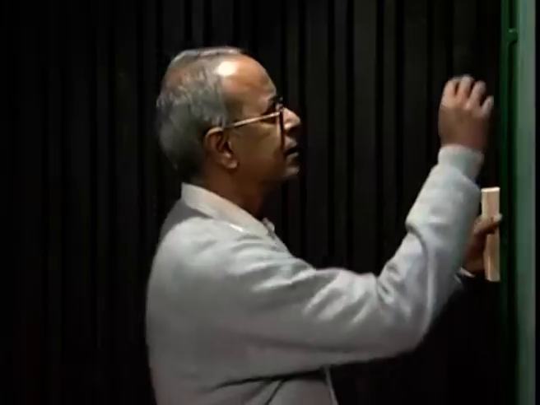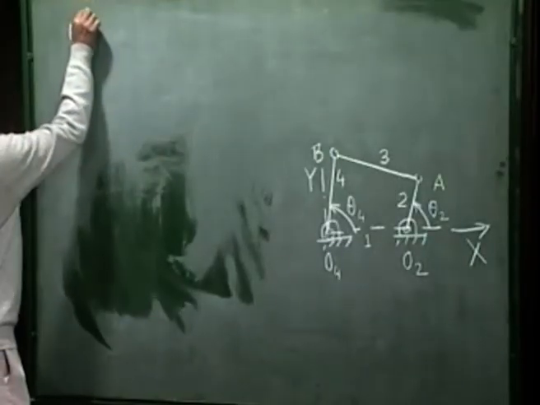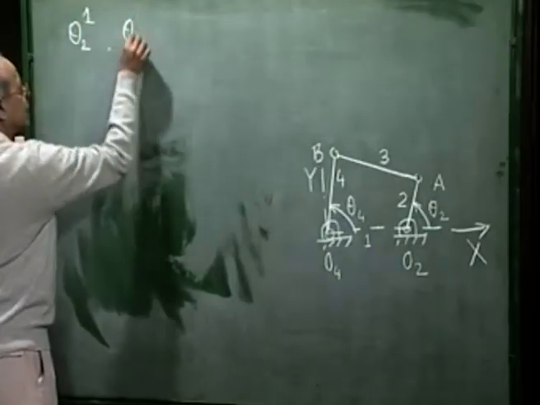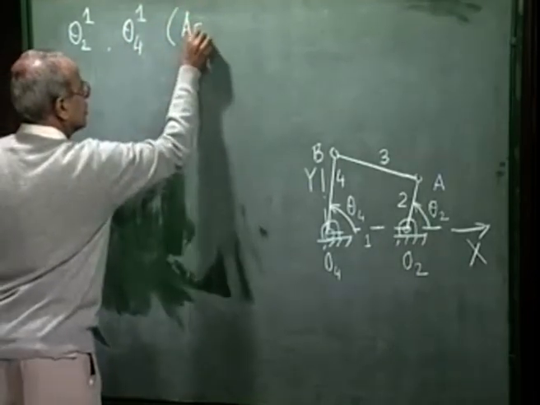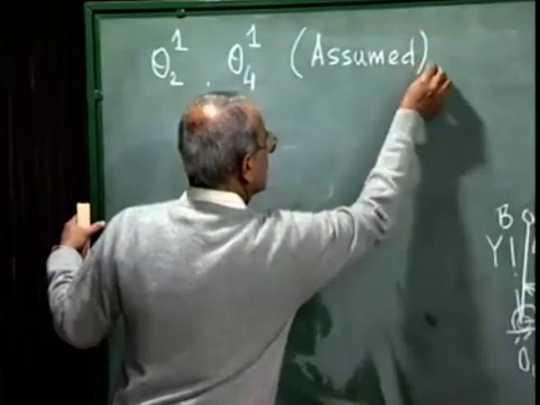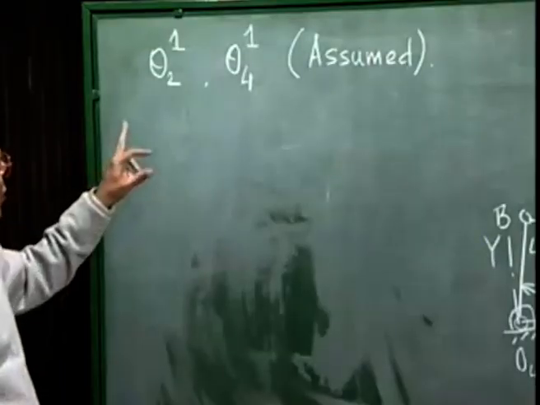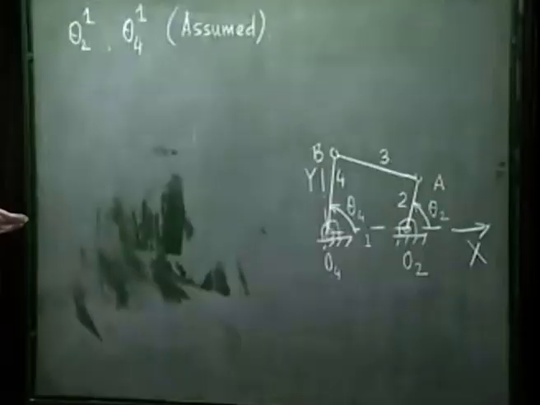In Freudenstein's method, for this 3 position synthesis, we assume the values of theta 2 corresponding to the first configuration and value of theta 4 corresponding to the first configuration. I would like to emphasize that you should note the difference in the assumed parameters so far as this analytical method and the previous graphical method is concerned.